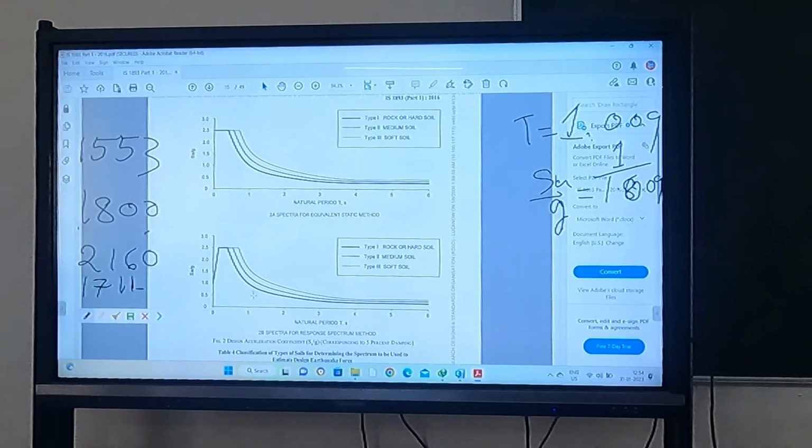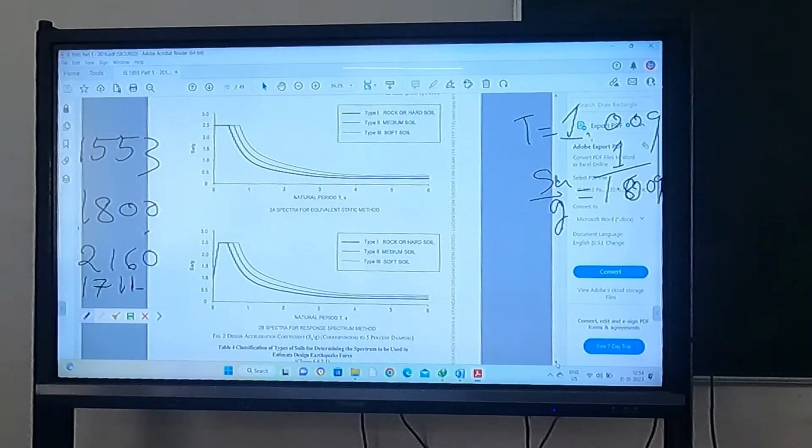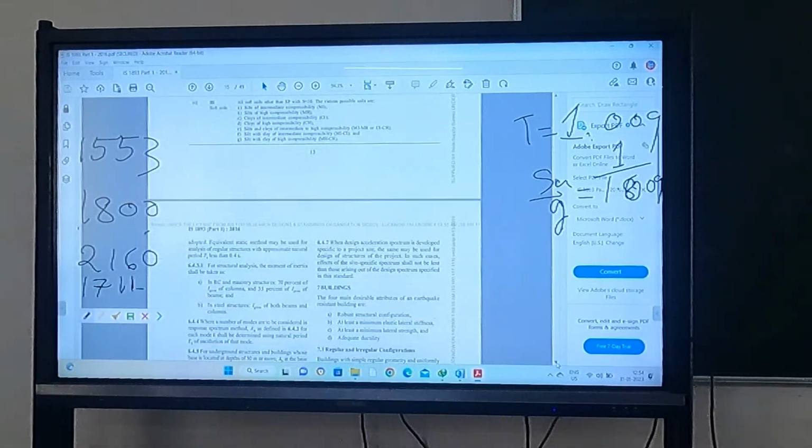Okay. And for soil condition, I think I considered medium soil, type 2. For type 2, what is the formula?